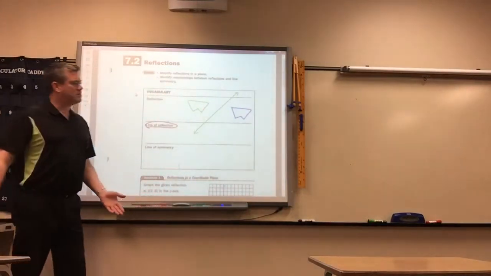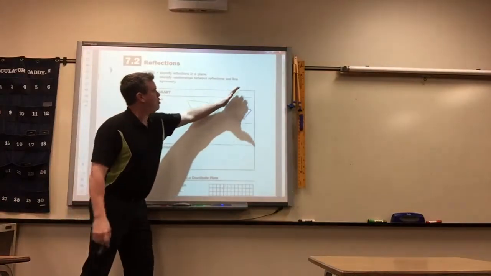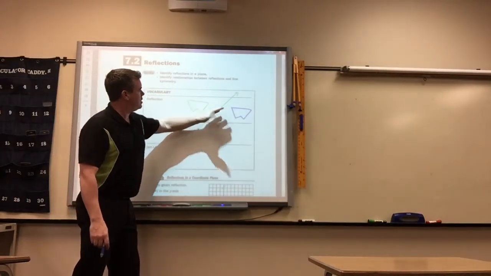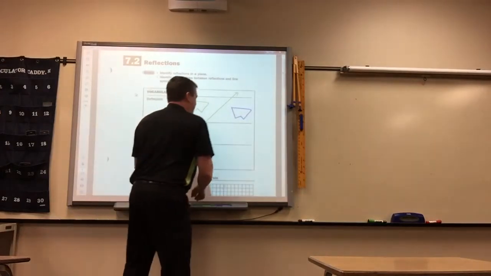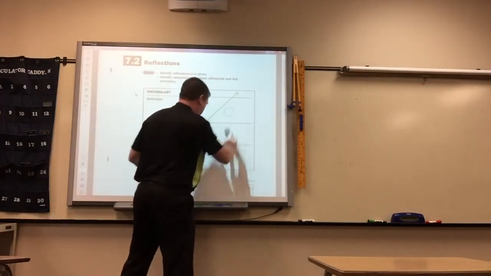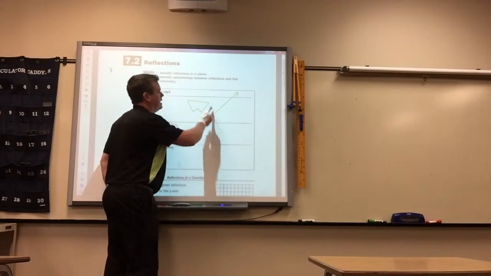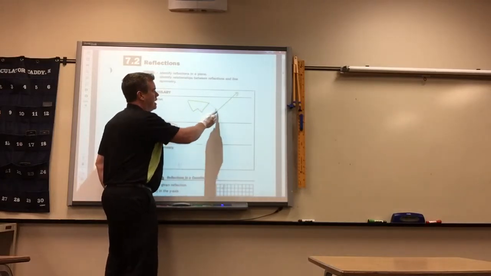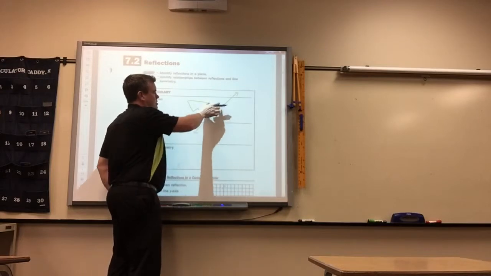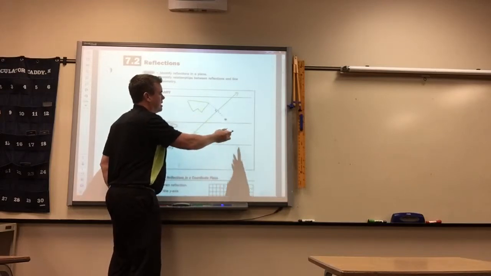Is that a reflection? No. If you folded this, this would fold down to here. Okay? So you got to do what I just did. Each point, you got to go at a 90 degree to that line, and then you just keep going the same side across, and you find the point.